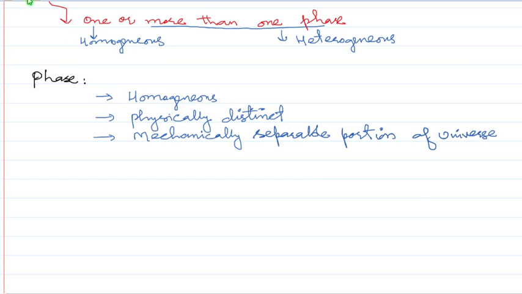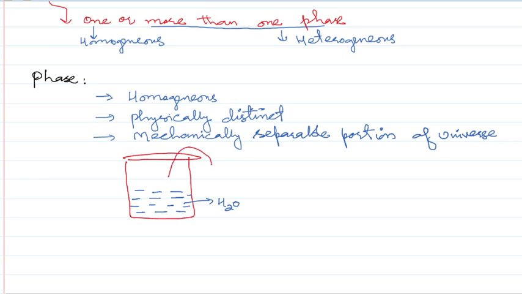Suppose we take a simple example. If you take a beaker, first you add simply water in this beaker. This is water. Now we will add a layer of oil in it.